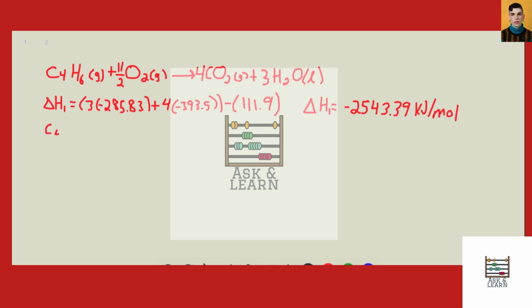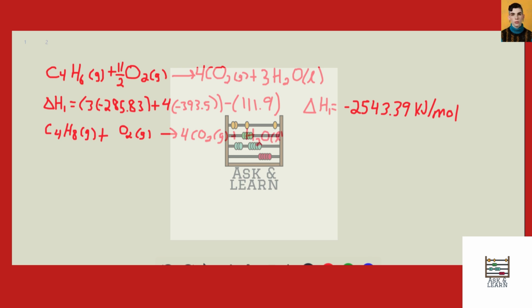Now for C4H8, we get 4CO2 plus H2O. All these are going to produce 4CO2, because you have to have 4 carbons on the left and 4 carbons on the right.